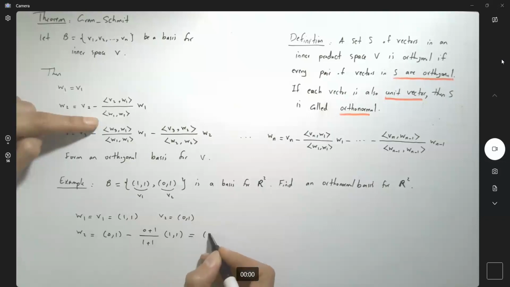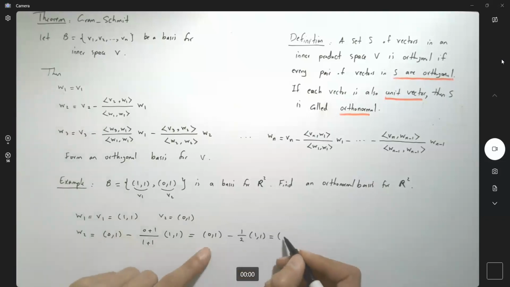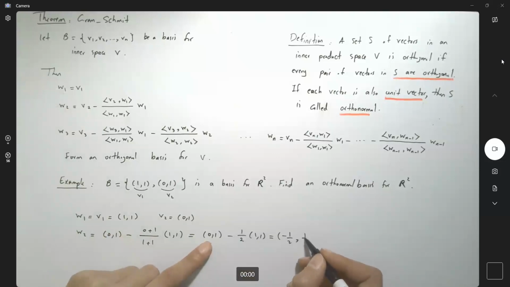So you get (0 + 1) divided by (1 + 1), times (1, 1). This is equal to (0, 1) minus a half times (1, 1). So you get 0 minus a half, negative a half, and 1 minus a half, which is a half. So this is your W2.